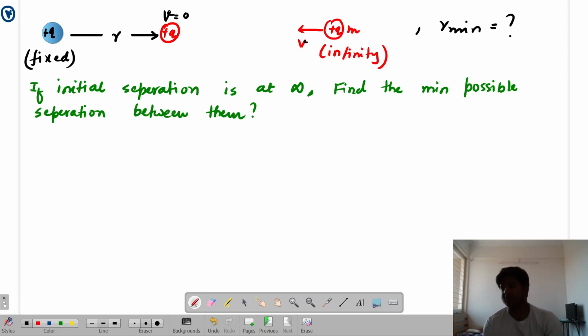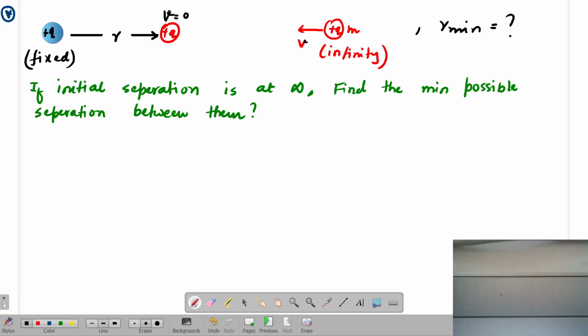One charge is fixed. You do it, one minute.